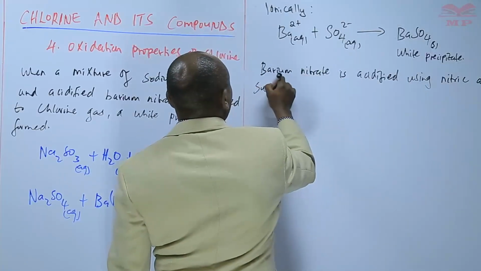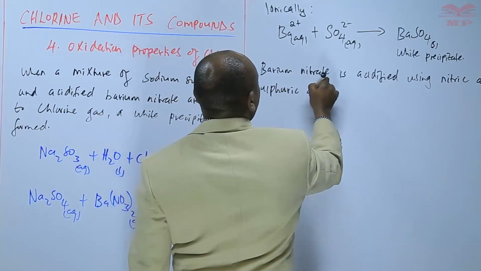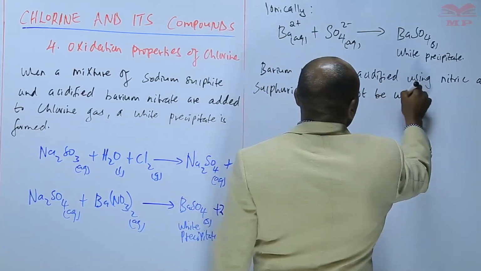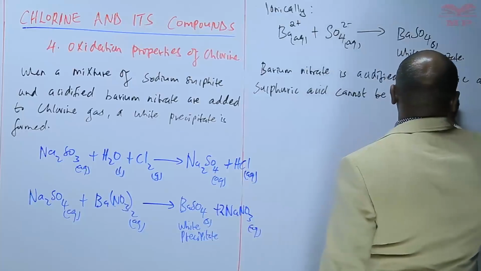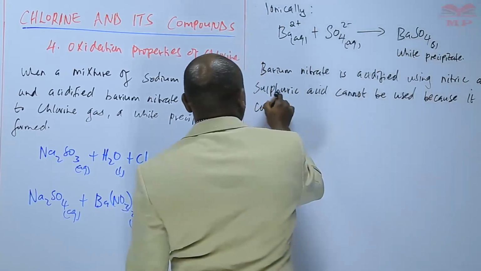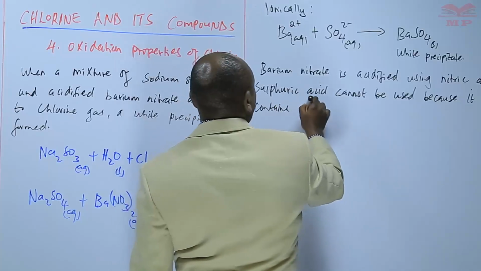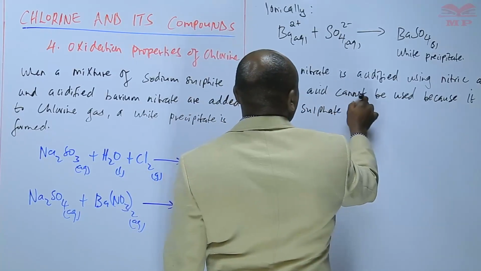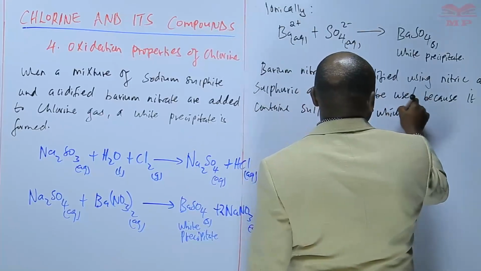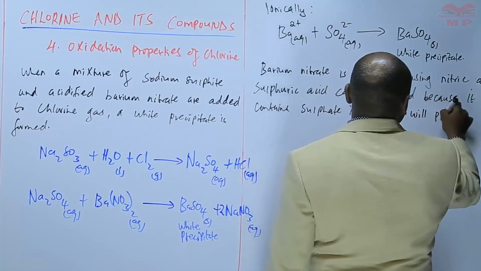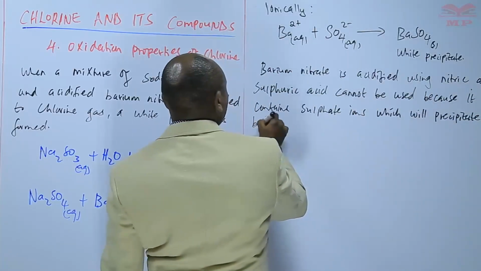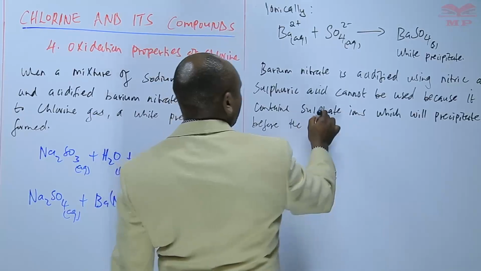We can say that sulfuric acid cannot be used because it contains sulfate ions, which will precipitate before the reaction is done.